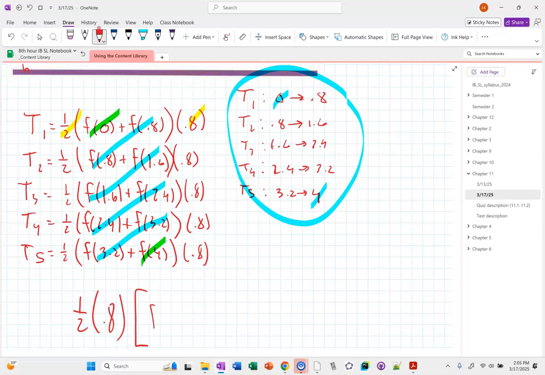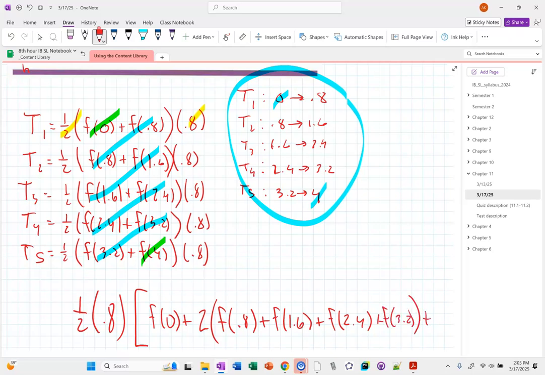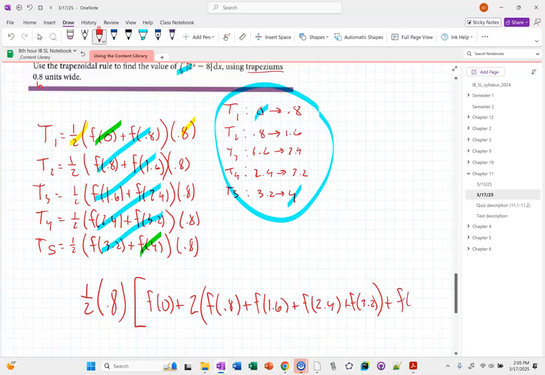So I'm going to have f of 0 plus 2 times f of 0.8 plus f of 1.6 plus f of 2.4 plus f of 3.2 and then plus f of 4. Is everybody okay with that?